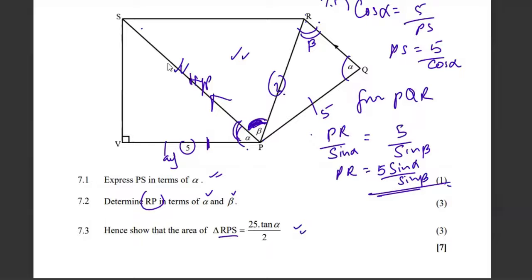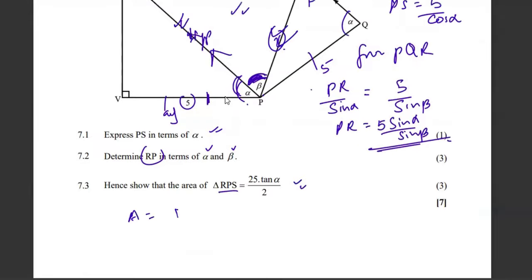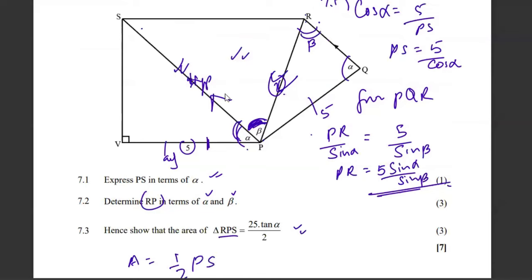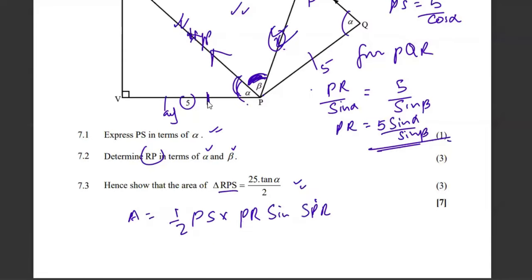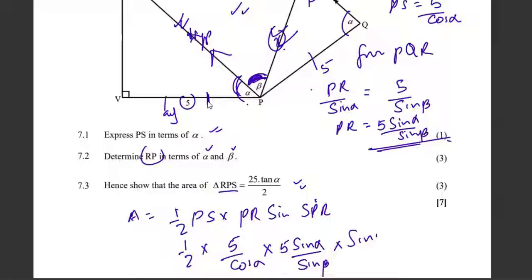So if we have the PR, we have this hypotenuse of ours, so we can get that. So we know that the area is going to be a half of PS times PR times the sine of SPR, the two sides and then the angle in between. So it's a half, our PS was 5 over cos alpha, the PR is 5 sine alpha over sine of beta, multiplied by the sine of beta.